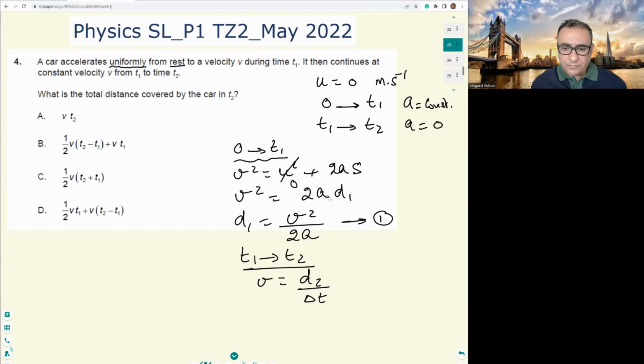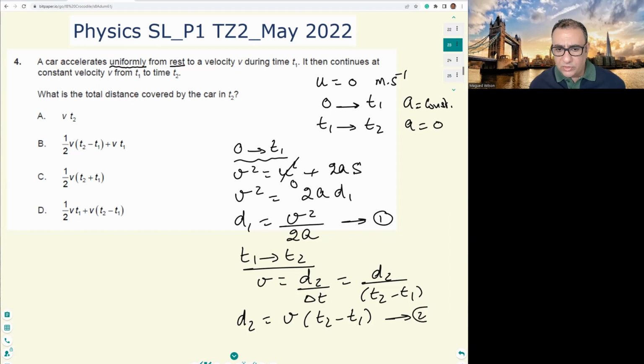So d2 divided by delta t, which is t2 minus t1. This is the time interval at which the velocity was uniform. And then d2 is going to be v multiplied by t2 minus t1, and we call this equation 2.